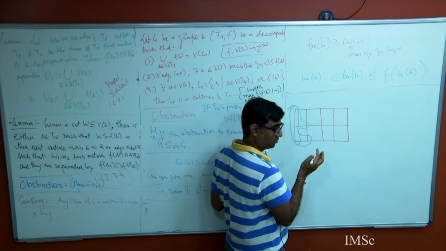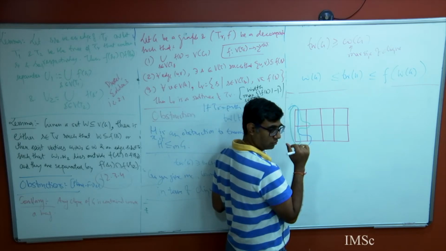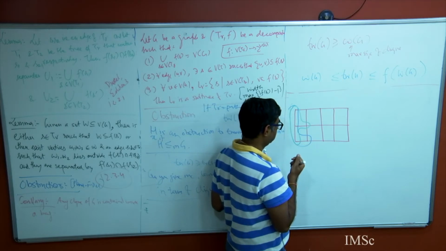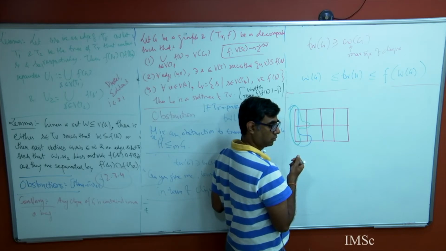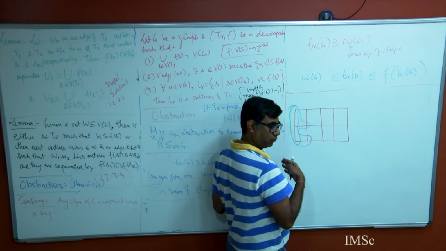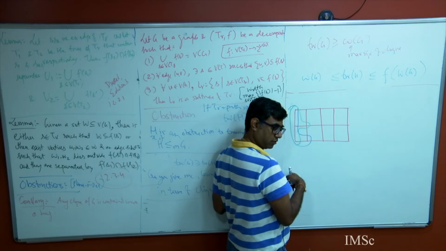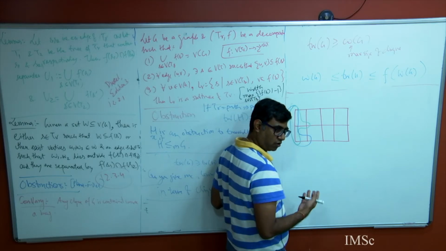Wait, no. This is the next bag, and there is one vertex in here and one vertex in here which has an edge. I have to make sure that there is a bag which contains this edge.